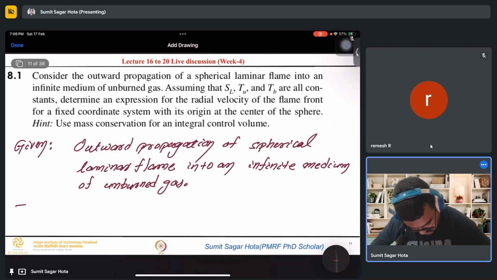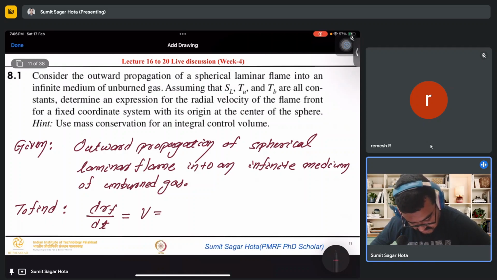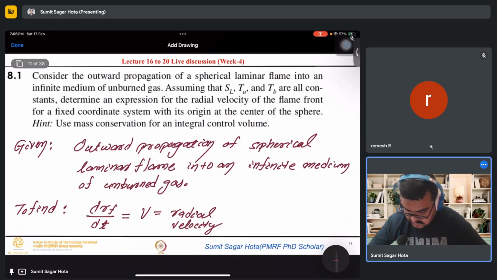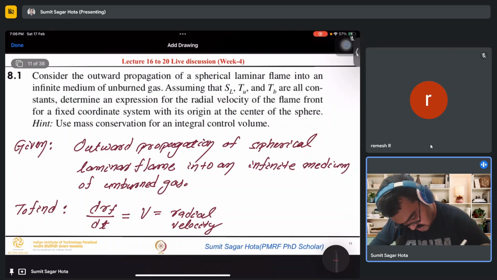What we need to find? drf by dt, which is equal to v, the radial velocity. They ask to determine the expression for the radial velocity.